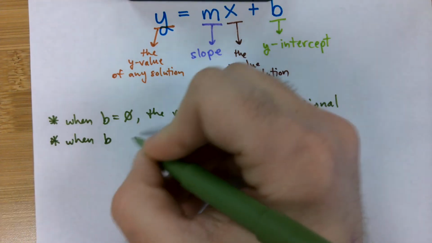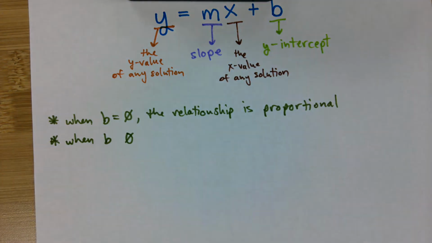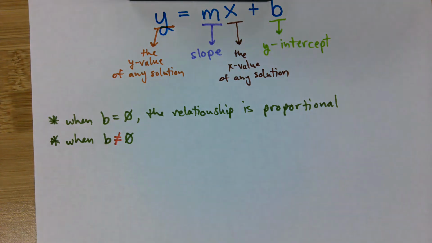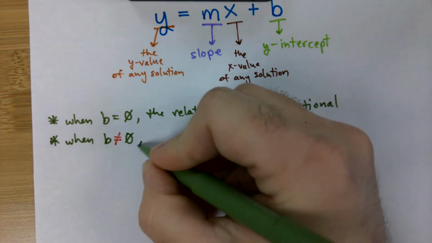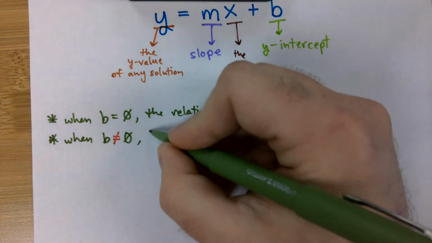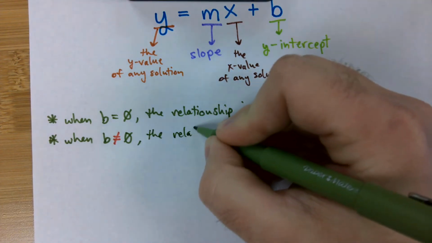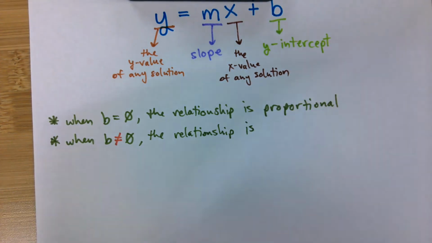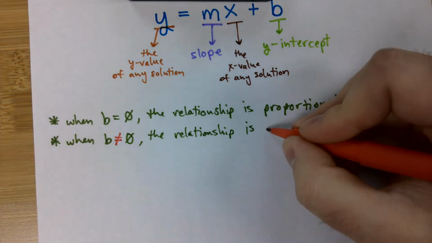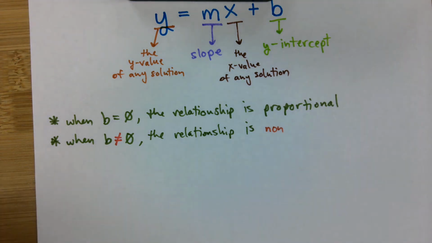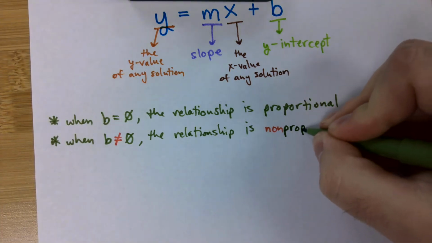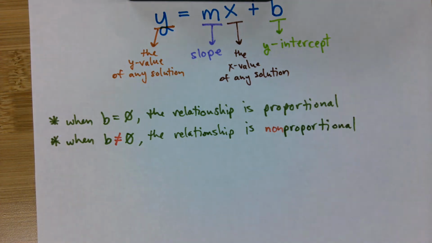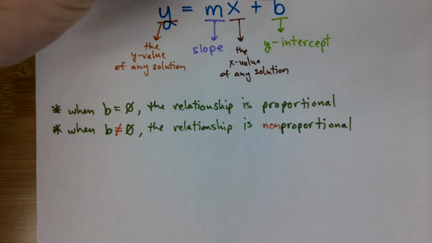When b does not equal 0, the relationship is non-proportional. Okay, just something that's good to know.